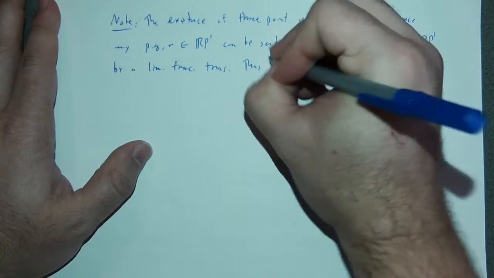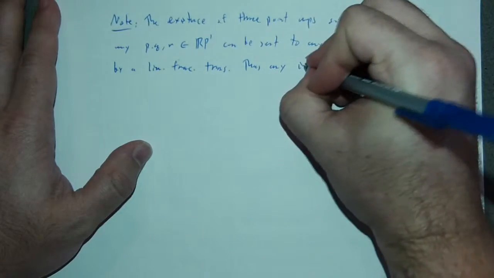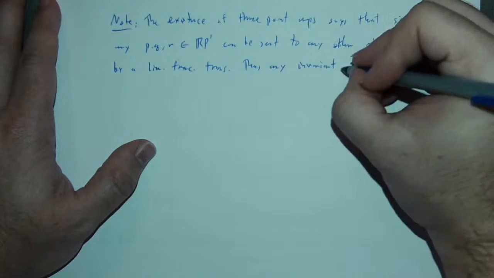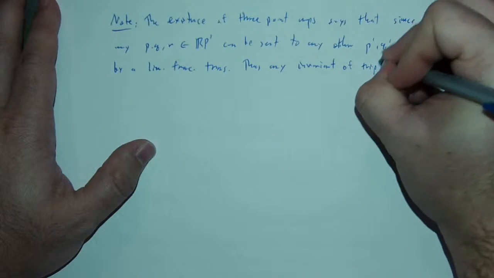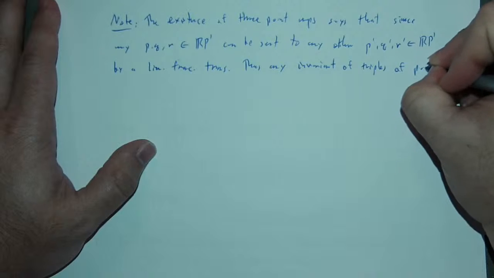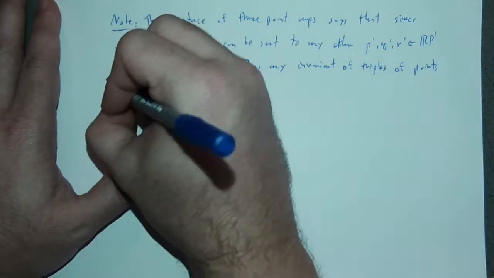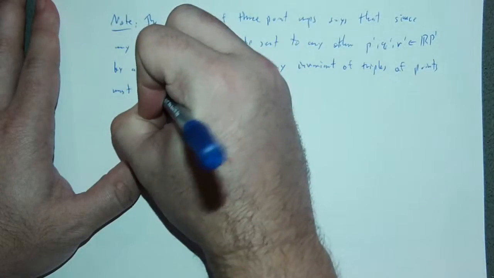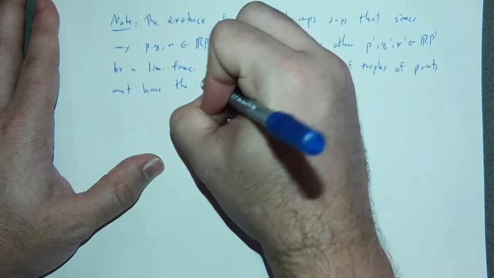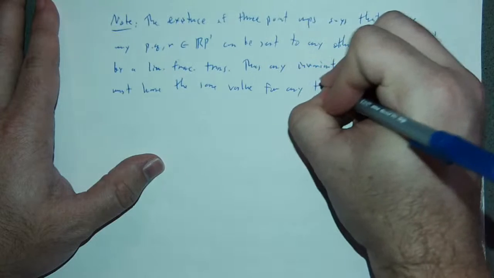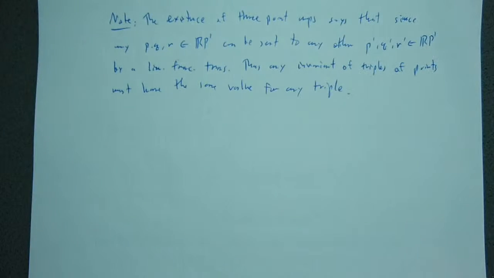Thus, any invariant of triples of points must have the same value for any triple. So it's useless, right?